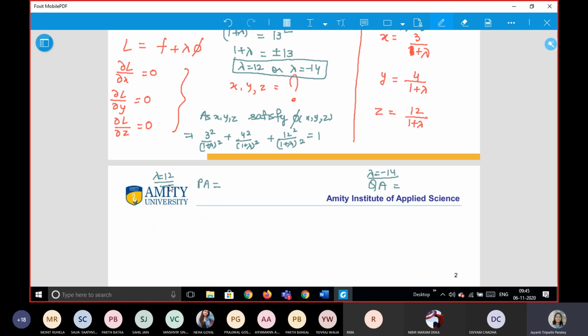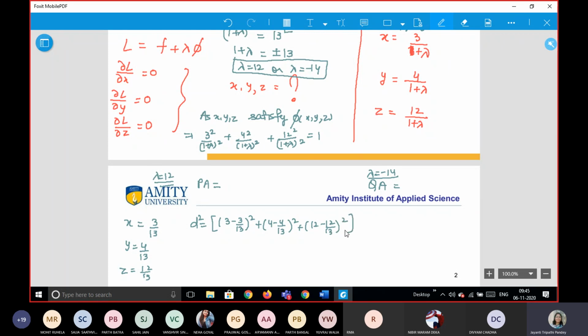So when you took lambda is equal to 12, x is 3 by 13, y is 4 by 13 and z is 12 by 13. So d square is (3 minus 3 by 13) square plus (4 minus 4 by 13) square plus (12 minus 12 by 13) square.